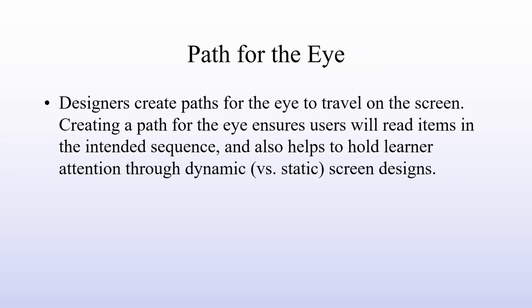And the second reason that is also equally important is that instead of using just static designs, as in a book, which is static and is not going to change, in the electronic world, we can hold attention by making it dynamic, by making it movable, by adding some visual interest on the screen.